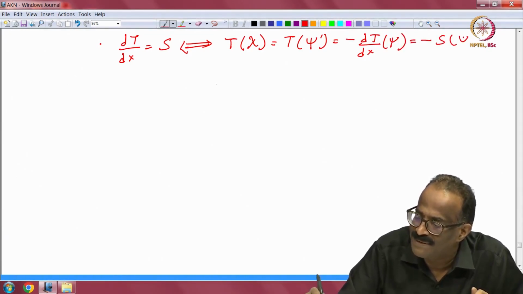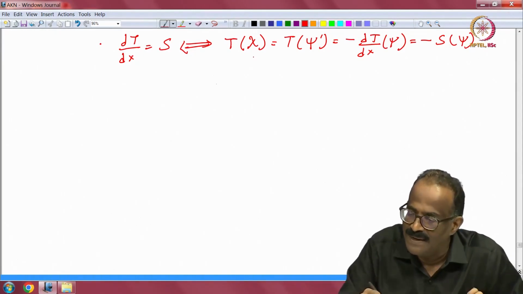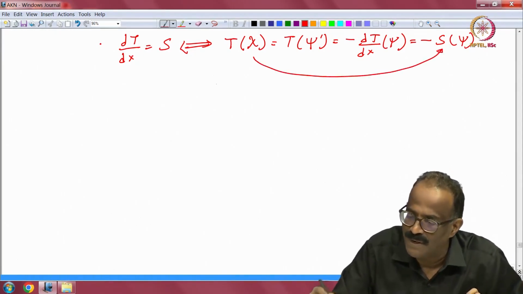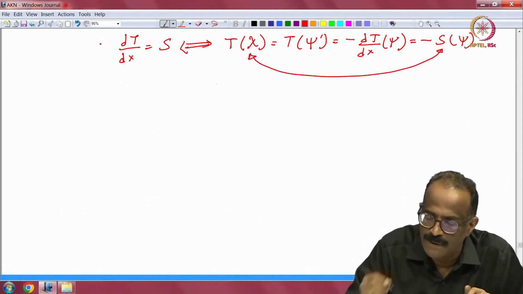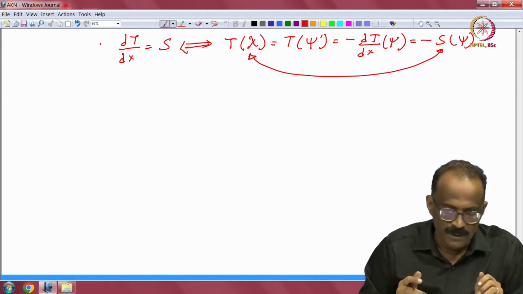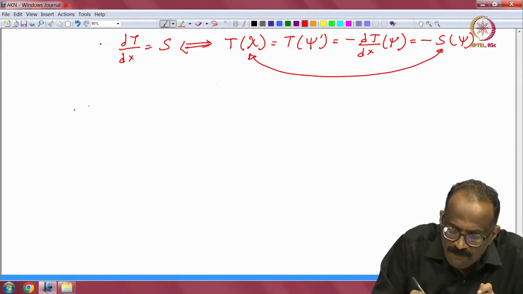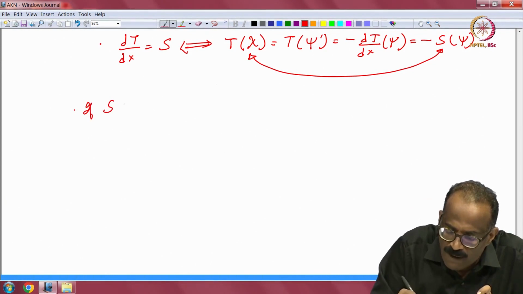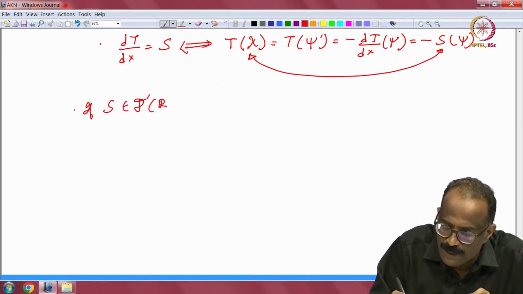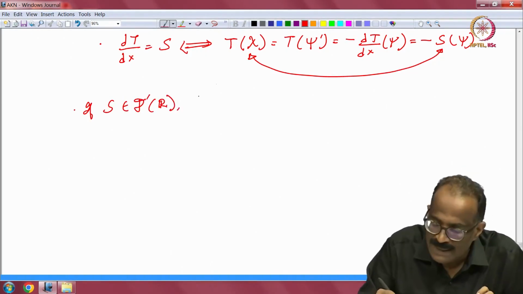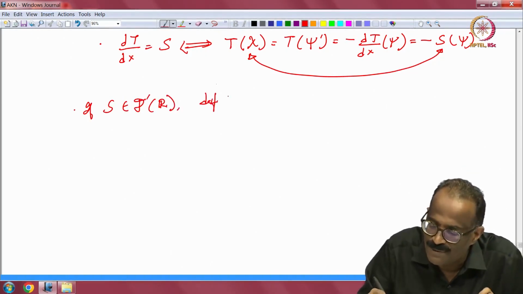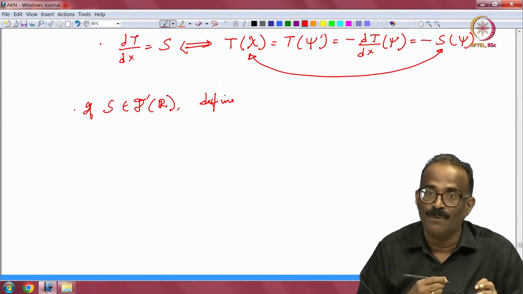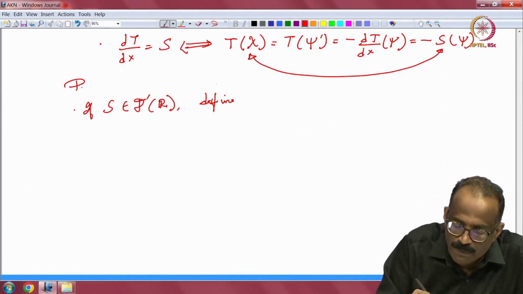So you have T of chi is equal to minus S of psi, that relation. Okay, so if S is in D prime of R, let me do it slightly quickly, now I want to solve the primitive problem.